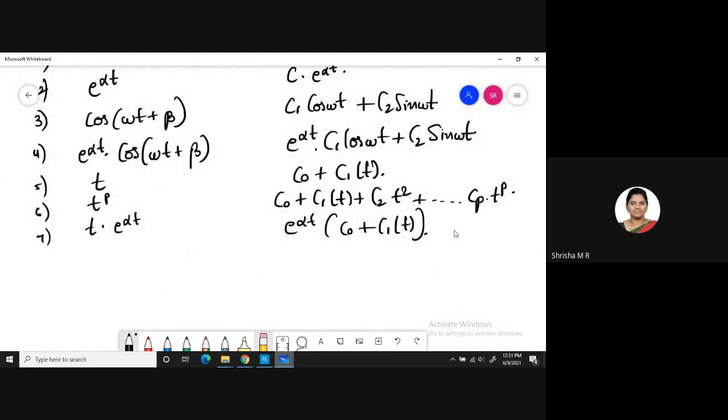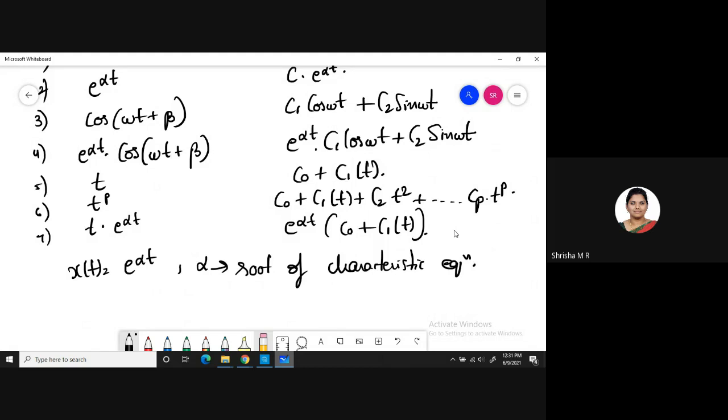There is one condition: if your input x of t is equal to e power alpha t, where alpha is also a root of the characteristic equation, and it is repeated m times, then the structure of particular response will be multiplied by t power m. So this is a note.